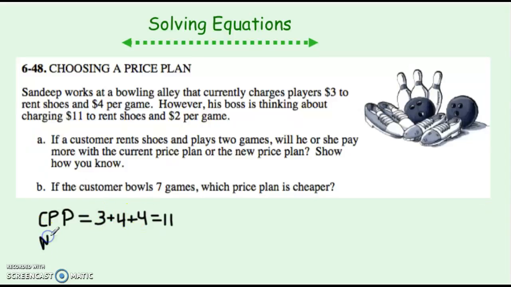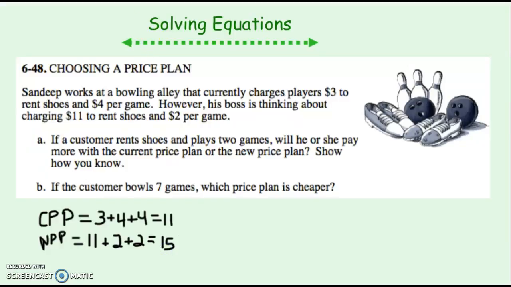Then on the new price plan, I pay for shoes once, that's $11, and then I pay $2 per game. Then I'm going to add $2 for the first game and $2 for the second game. So total for the shoes and 2 games of bowling, that would be $15.